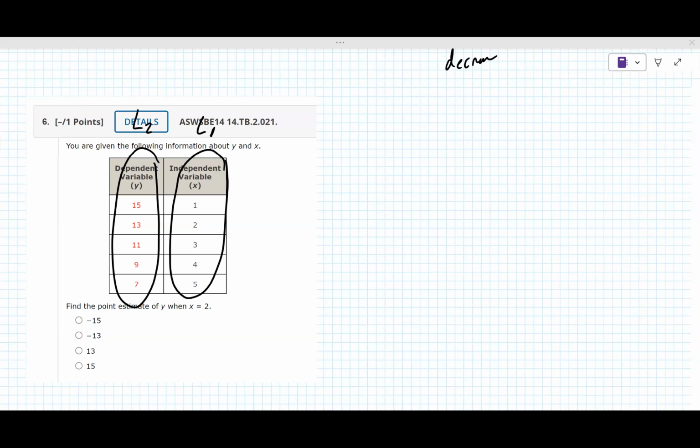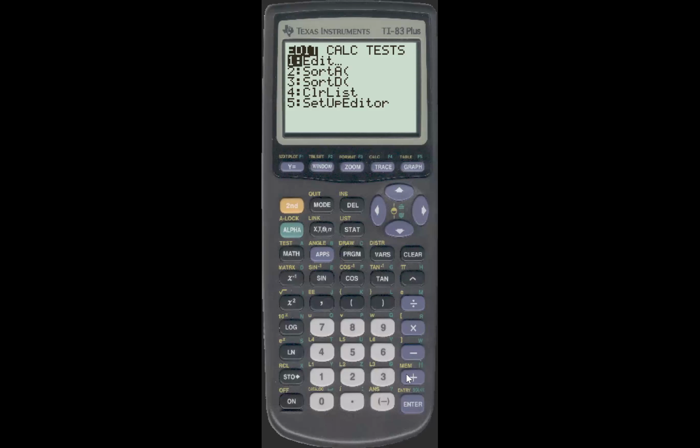For some reason, I'm stuck on list 3. I moved to the left to get it. Maybe you deleted your lists? So what I'm hearing is when you go to edit, there's no list 1 and list 2. It just starts at list 3. Okay, so to reset, second mem is under the plus.